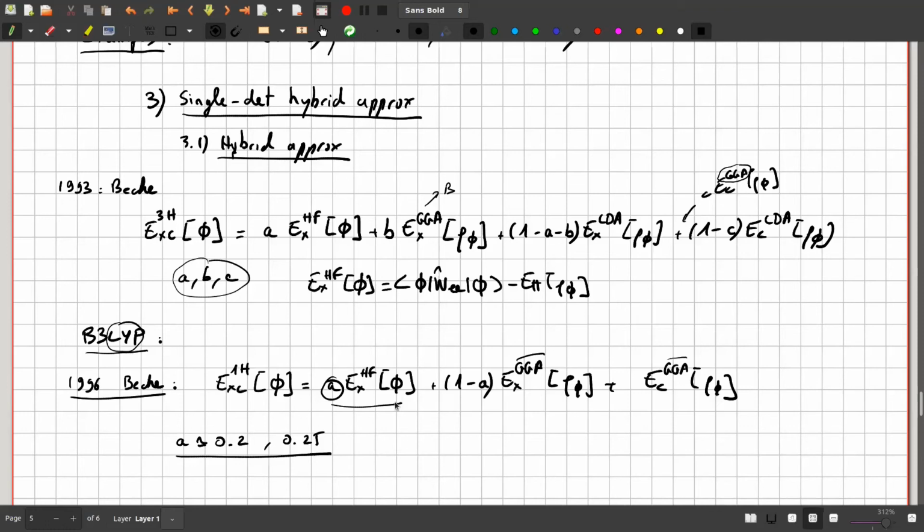Now you may ask, why not have completely the entire Hartree-Fock exchange, nothing from DFT for exchange and only DFT for the correlation part? The problem with doing that is that then you don't have this compensation of errors that you often have between DFT exchange and DFT correlation. So in practice, because of this compensation of errors, the fraction of Hartree-Fock exchange should not be too large. That's why the optimal value is often around, let's say, 0.25.